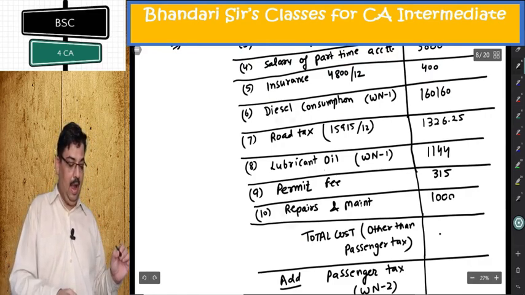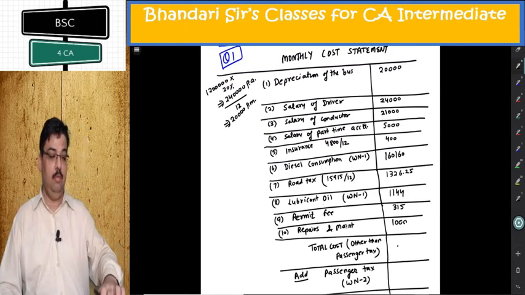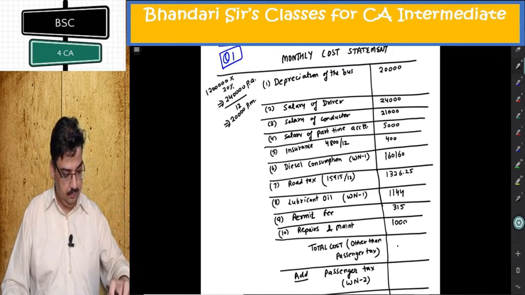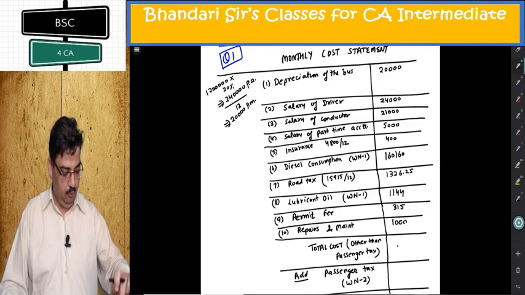Now I need to add them so that I can get the monthly cost total. 20,000, 24,000, 21,000, 5,000, 400, 160,160, 1326.25, 1144, 315, 1,000.